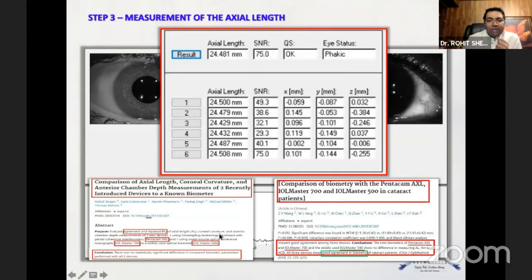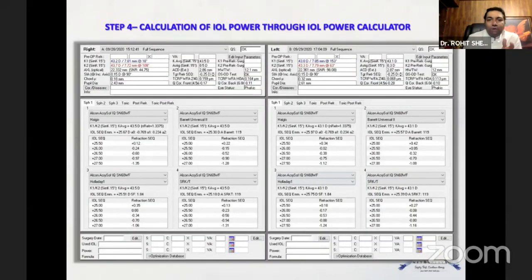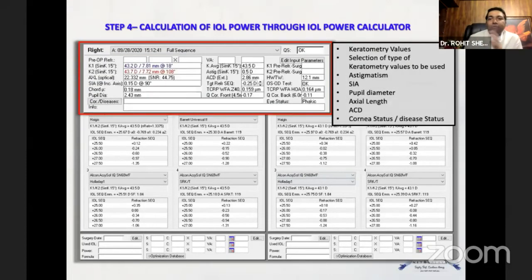And there are papers which have compared, which say that this is as good as the conventional or available biometers in the market. A lot of formulas for you to choose and play around with, and how you choose your IOL formulas or through different calculators. This is something which is inbuilt, and just like any other biometer, you can do a topography, then look at an aberration, then do an axial length, then look at all the formulas which are already inbuilt. That is the beauty of it.